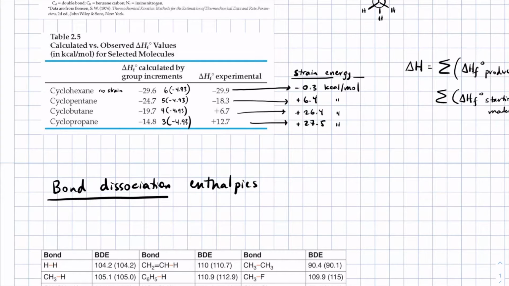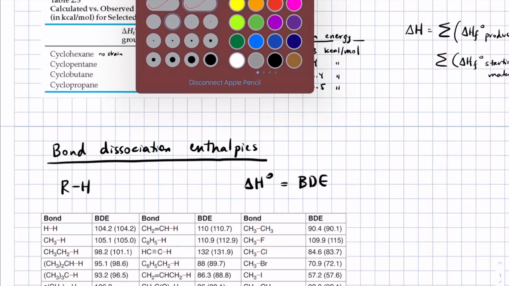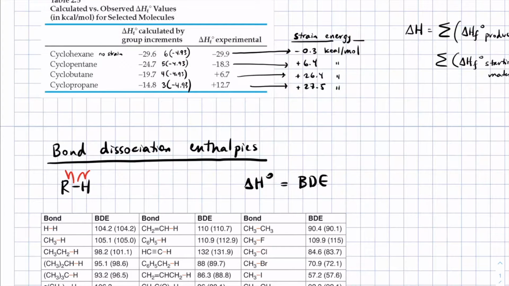All right, what does that mean? What is a bond dissociation enthalpy? Bond dissociation enthalpy, we'll call it BDE, is the change in enthalpy for the reaction where a bond cleaves in a homolytic fashion with each atom taking an electron with it. And we'll talk about using this bond dissociation enthalpy for other purposes.